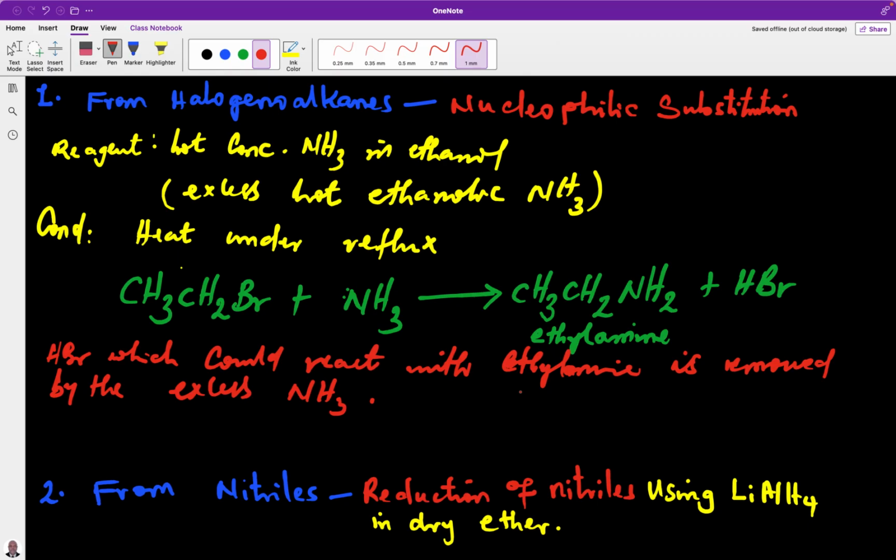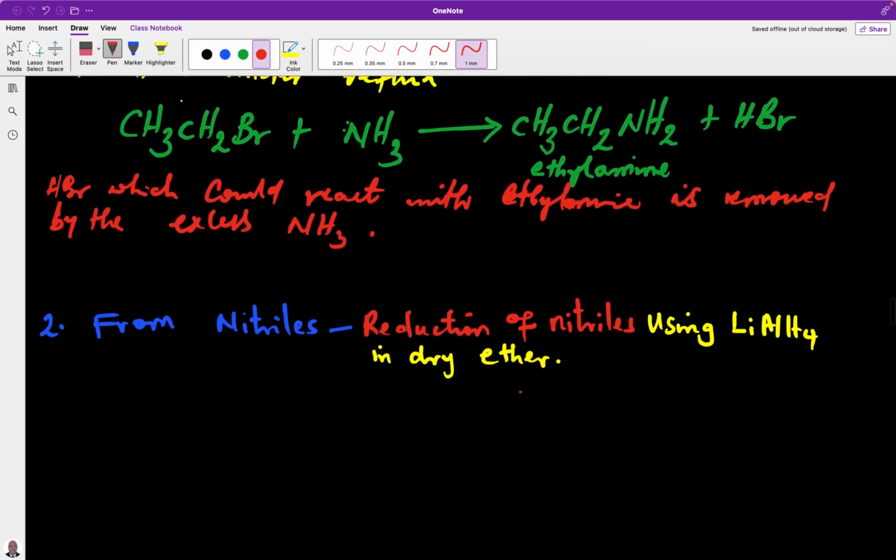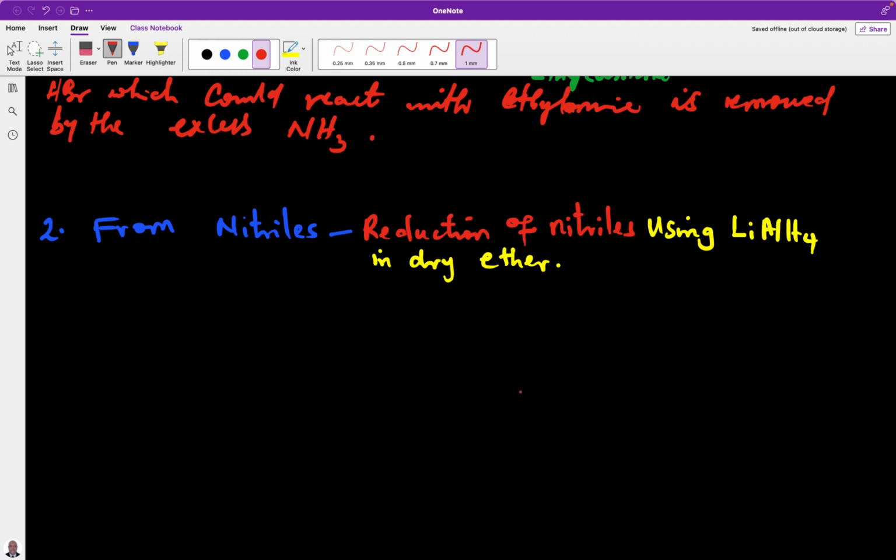Another method that we can use in the production of amines is by reduction. We can prepare them from nitriles, through reduction of nitriles using LiAlH4, lithium tetrahydroaluminate, in dry ether.